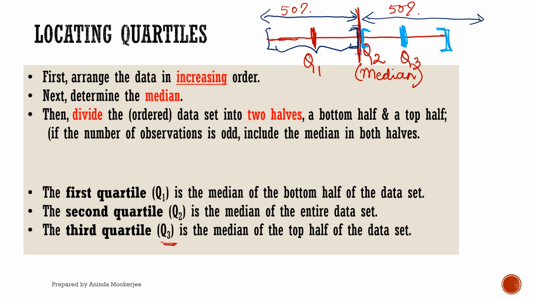Okay, so that's how we are going to find our three quartiles. Each time we are dividing the data into two and then finding the median, following the process of finding the median. For the lower half, we call that Q1. For the upper half, we call it Q3. And Q2 is the median value of the full range of the data set.